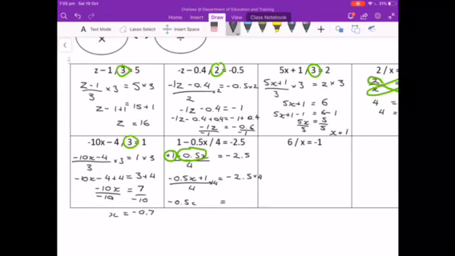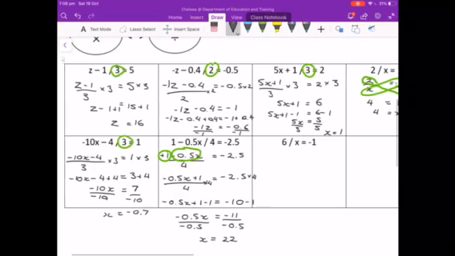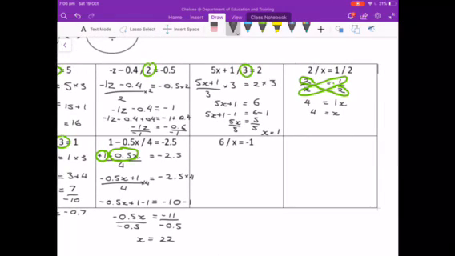We're left with negative 0.5x plus 1 equals negative 10. The opposite of plus 1 is take 1 both sides. We have negative 0.5x equals negative 10 take 1, which is negative 11. We have a negative value of x, so we divide it by negative 0.5. That will give us a positive x, and negative 11 divided by negative 0.5 is 22. X equals 22.